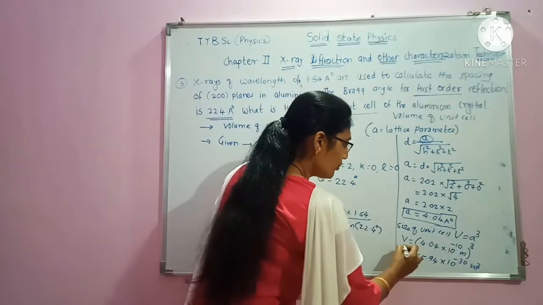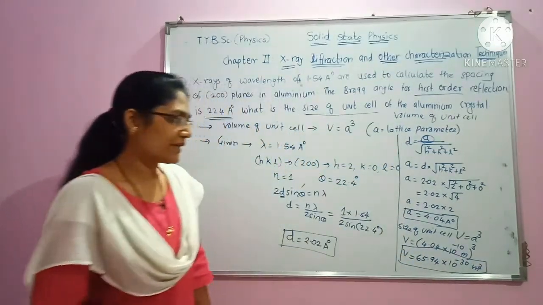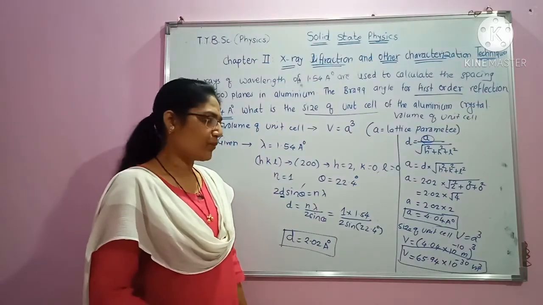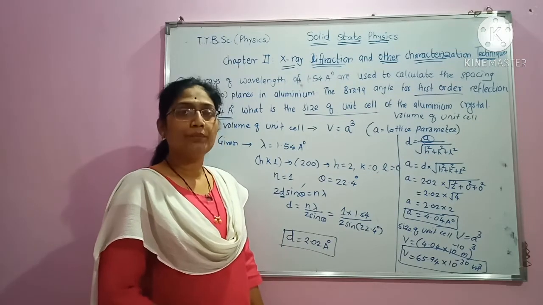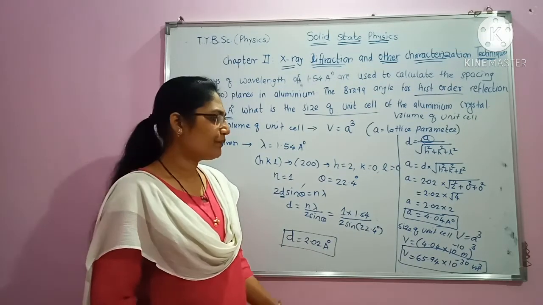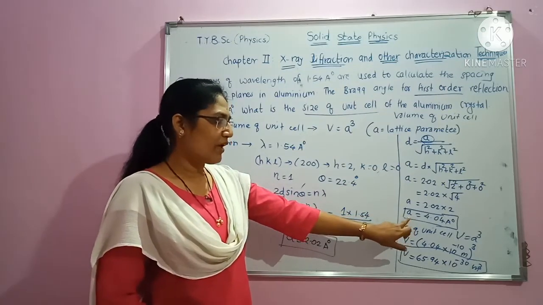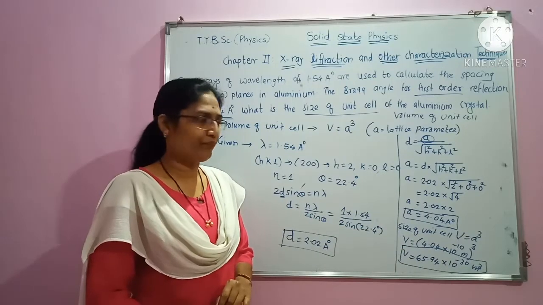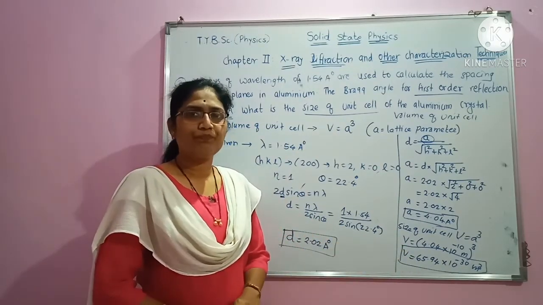This is the volume or size of given unit cell. So size of given unit cell is found as 65.94 into 10 raised to minus 30 meter cube. Here only one change we have made, that is we have converted the value of A in angstrom unit into meter and found out the volume in meter cube.